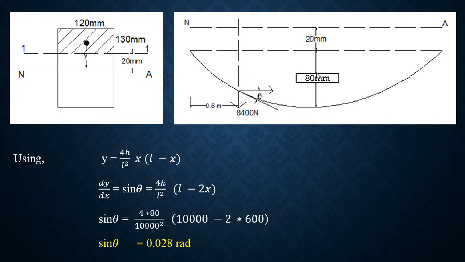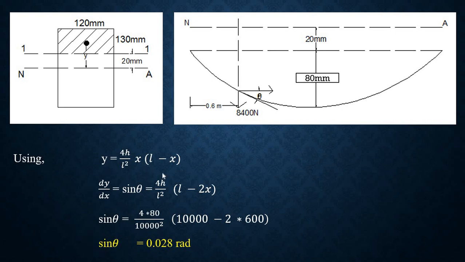So at the center the maximum deflection is 80 mm, but at 0.6 meter distance, what is the y value or deflected value, we don't know. We need to find that height. So to find that height, we are using this deflection equation.